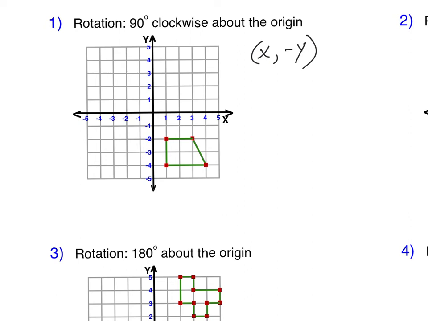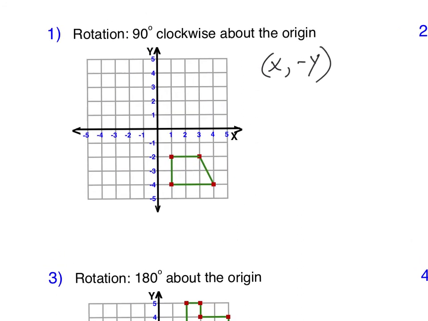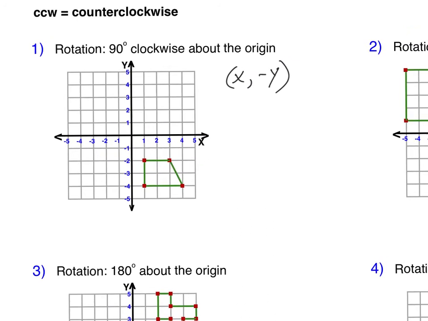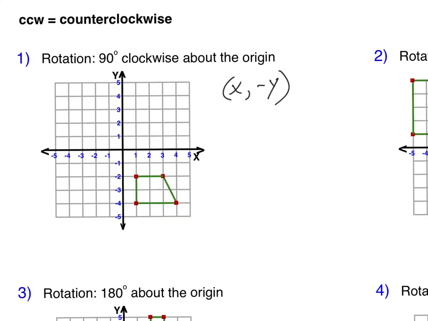Now, if I take this page and rotate it, what I'm going to find out is that our values for x and y are going to switch places. When I do a 90-degree clockwise rotation, that means I'm rotating this way around the origin of the coordinate plane.